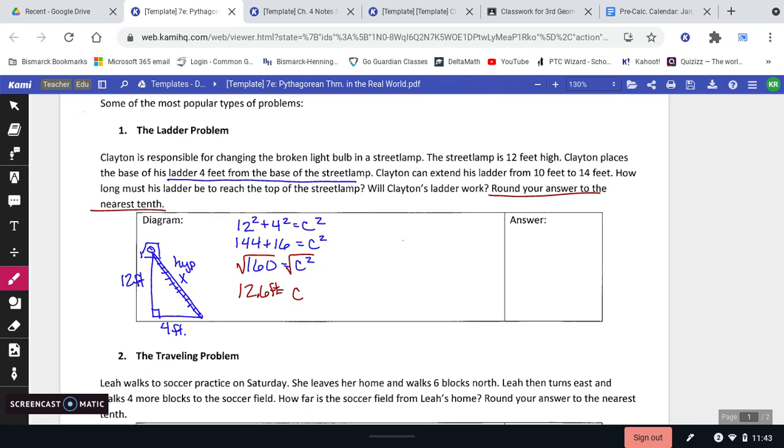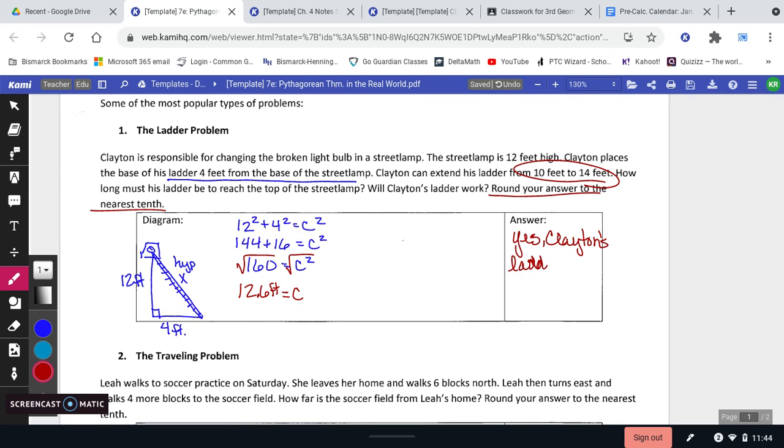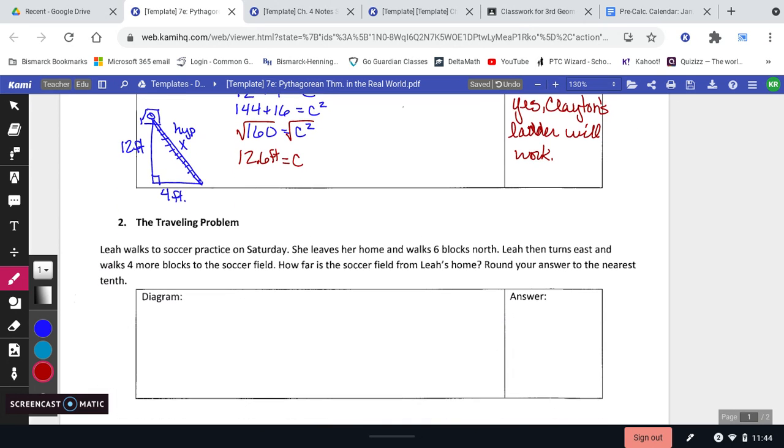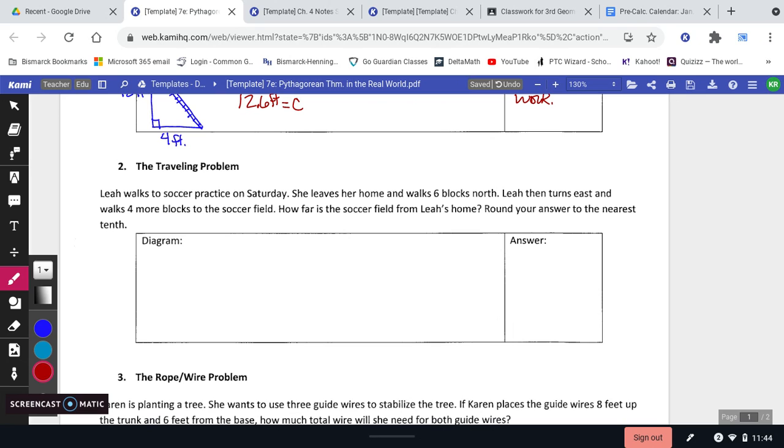Okay, so the question was, will Clayton's ladder work? And your answer is yes, it will, because it says it will extend between 10 and 14 feet. So yes, Clayton's ladder will work.